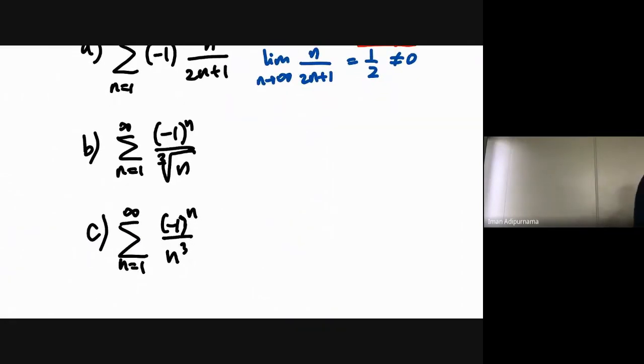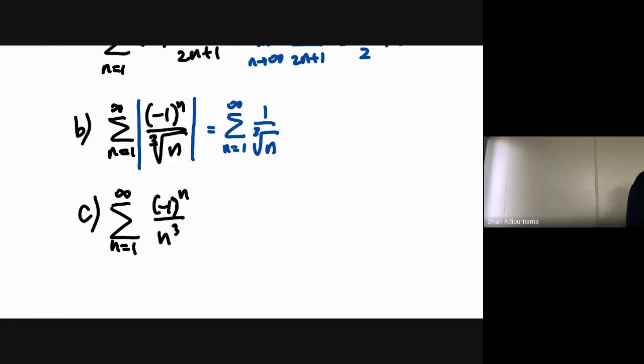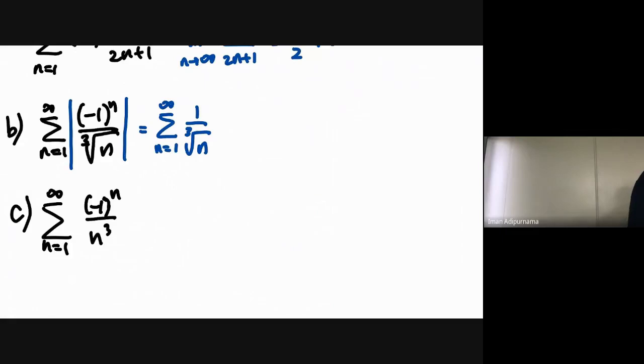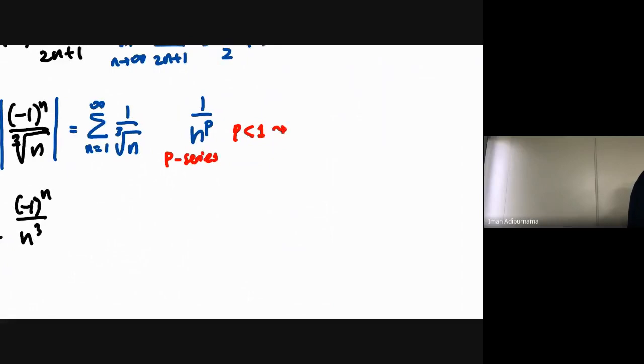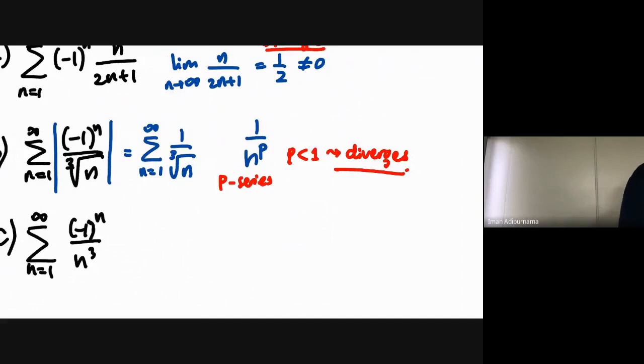The second one, if we look at the absolute value, it will be this, which means if we look at the P series, P is less than 1, which means it diverges.